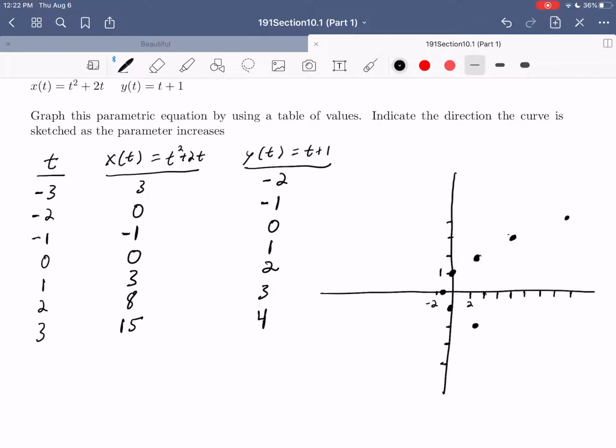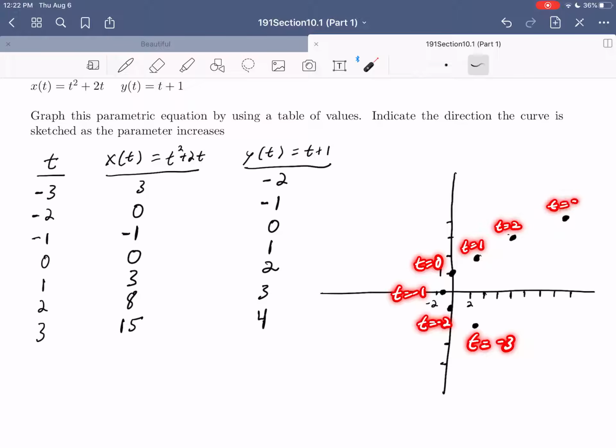So it looks like we got that thing there. Now, this was t equals -3, this was t equals -2, this was t equals -1, this was t equals 0, t equals 1, t equals 2, t equals 3. So we're going from here to here, to here, to here, like that.